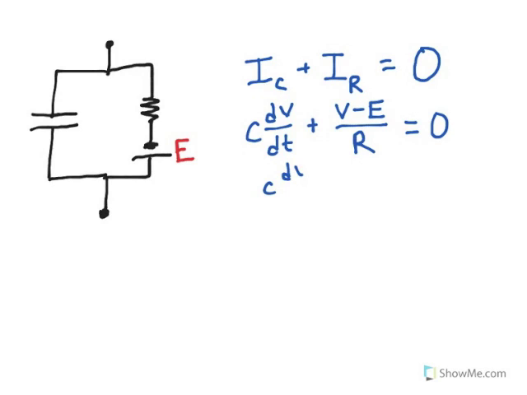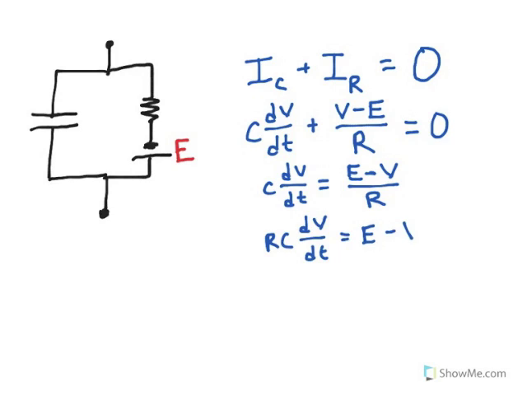So we have dV/dt on the left side, and when I subtract from the other side, I'm just going to switch the E and the V. So now I have E minus V over R. And R and C, as I mentioned before, we are assuming to be constant at the moment. C will always be a constant. In the future, the resistance of the membrane is not going to be constant. It's actually going to be changing when, let's say, an ion channel opens or closes, for example. But for now, we're thinking of both of them as constant. I'm going to multiply both sides by R, and say RC dV/dt equals E minus V.